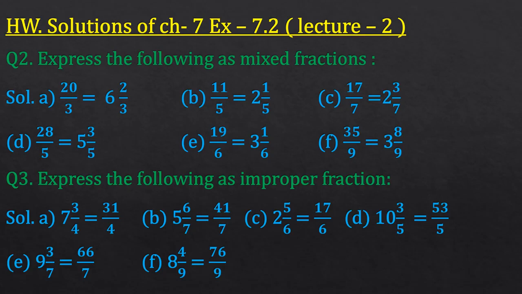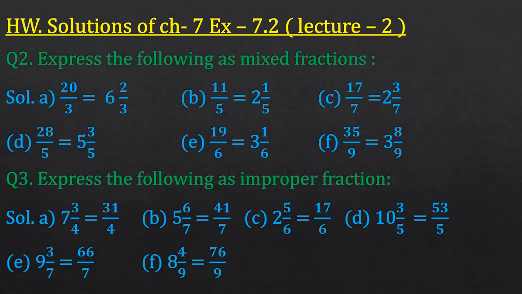Just divide 20 by 3. Whatever quotient you get is your whole number part. So you will get the quotient 6 and the remainder will come in the numerator. The remainder you will get is 2 and the denominator will remain the same. It is 3. So it is 6 2 upon 3.